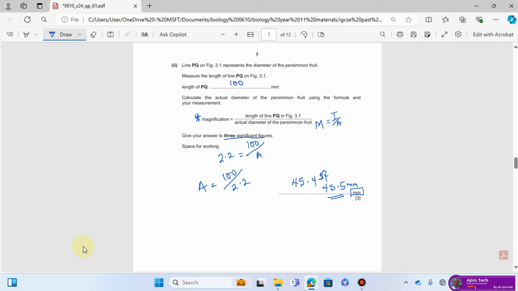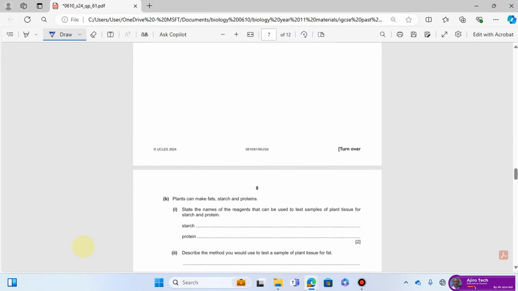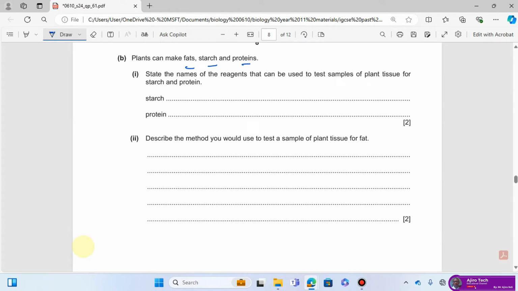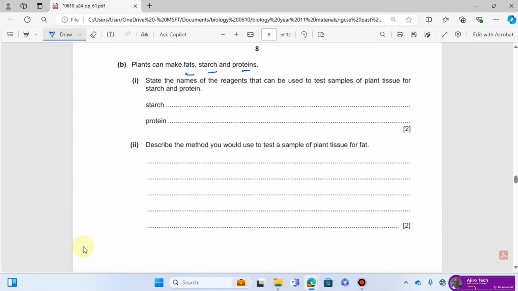These are the important things to note. Now coming to the B part, it says plants can make fat, starch and proteins. State the names of the reagents that can be used to test samples of plant tissue for starch and protein.